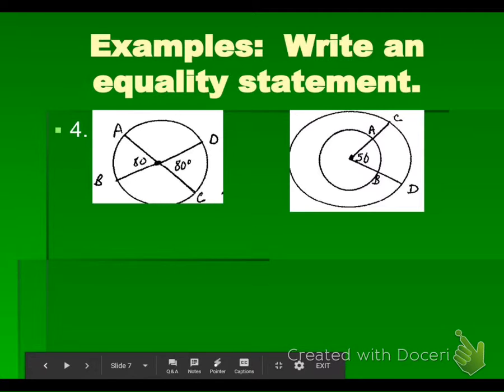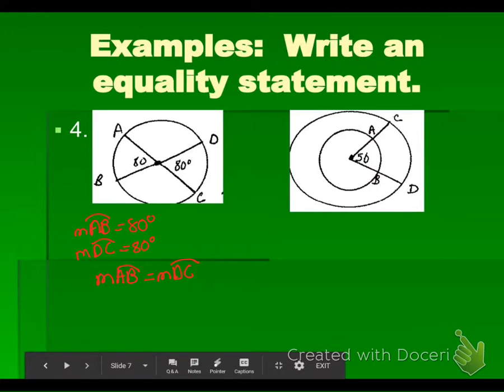We want to talk about our arc measurements. So arc AB, what's its measurement? It's 80. And we see that DC equals 80. So we know that the measure of AB equals the measure of DC.